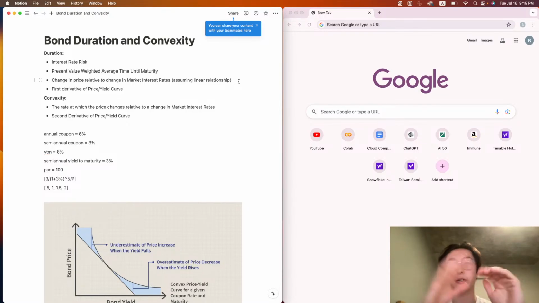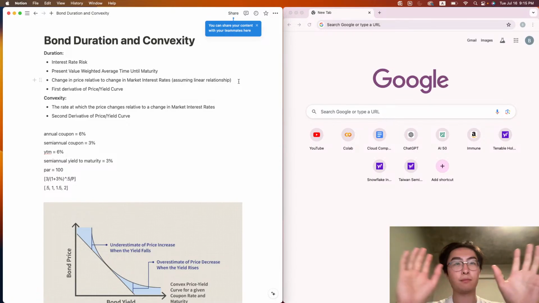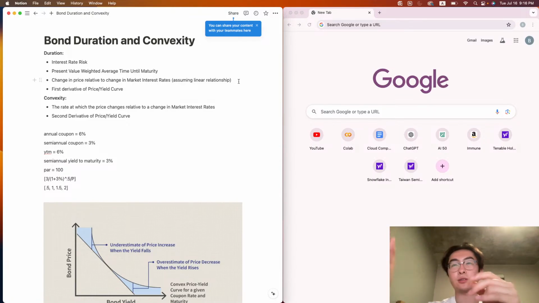So let's say duration is 3, the bond is currently priced at 100, and market interest rates rise 1%. That means your bond is going to decline by, I believe, 3 points or $3, maybe even 3%. I'm not too sure if it's a percentage or a dollar amount, so I should probably get back into that.